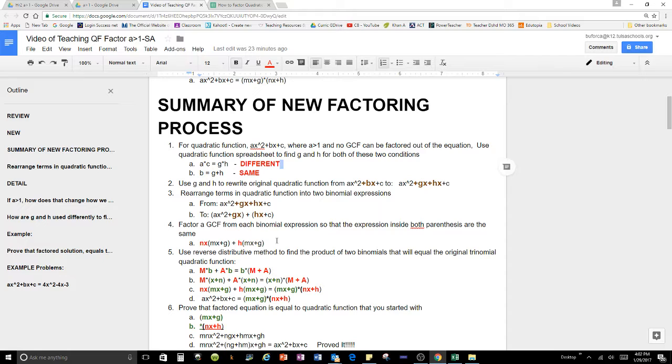Okay. Then in step 4, what we're going to do is factor out a greatest common factor from each of these terms that have parentheses around them. Okay. It's not going to make a lot of sense when you look at it here. When we get to some numbers, you will see that. But what we'll do is we go from this term here, where we have ax squared plus gx, and then we have hx plus c.